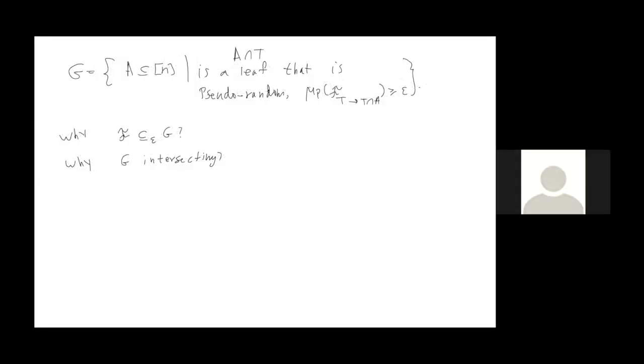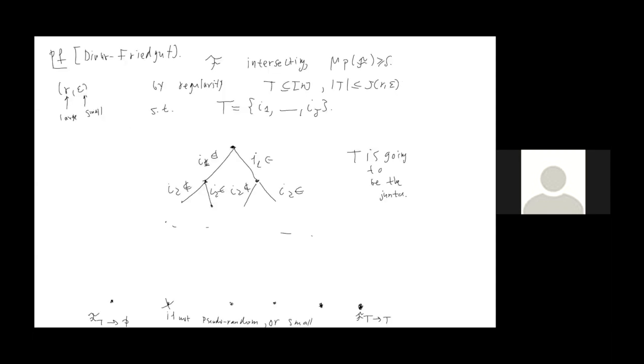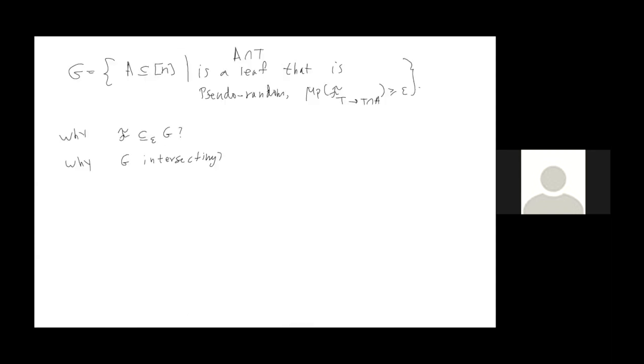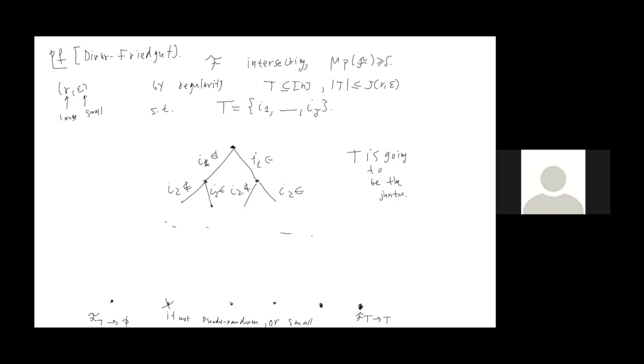So let's continue. Before, I told you the rough sketch of how we are going to get the junta. Let me say that again, because I want to stress one point. We applied the regularity lemma on our family. We got this tree of restrictions, and let's ignore some details.